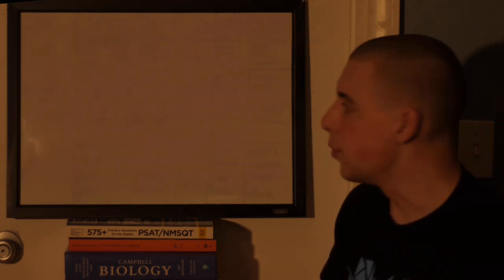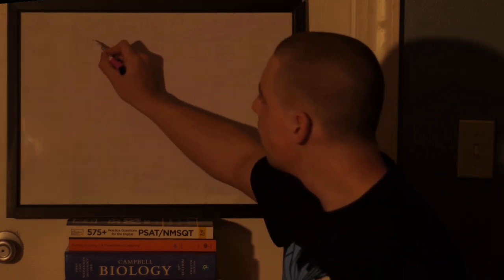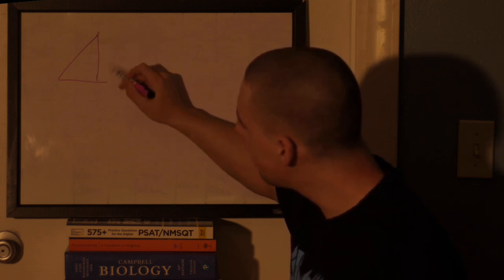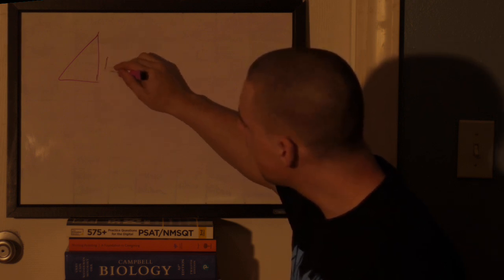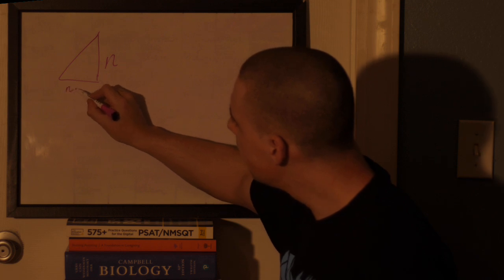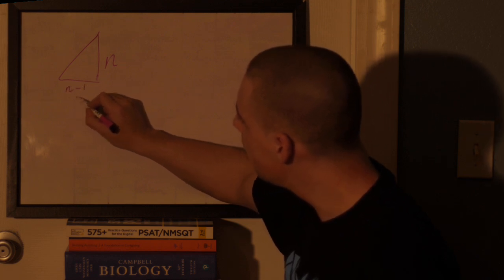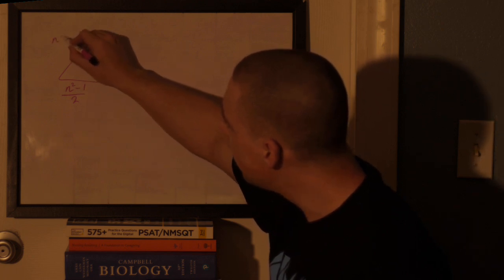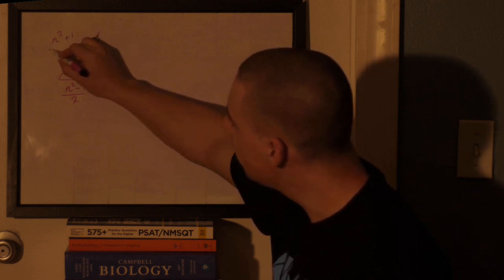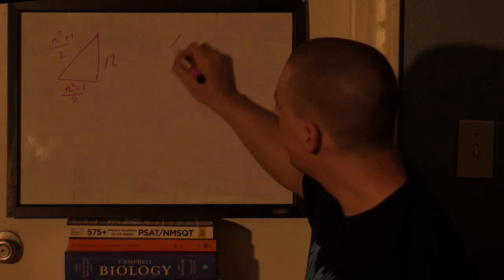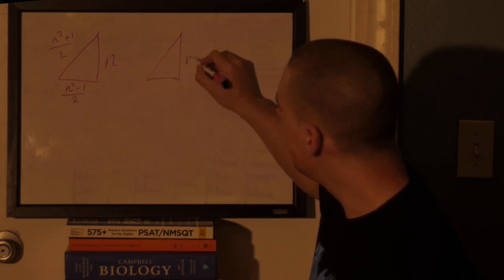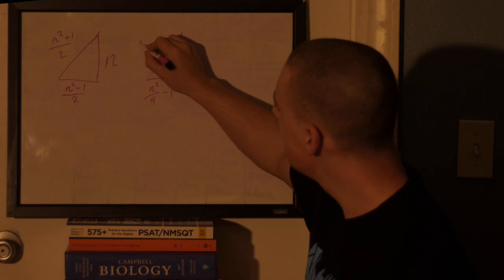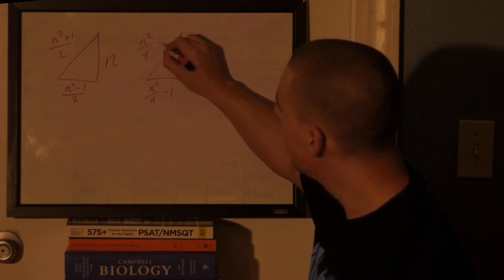So then, just to recap, we used a few methods to come up with a couple formulas, including (n minus 1) over 2, (n squared minus 1) over 2, and (n squared plus 1) over 2, and n squared over 4 minus 1, n squared over 4 plus 1.